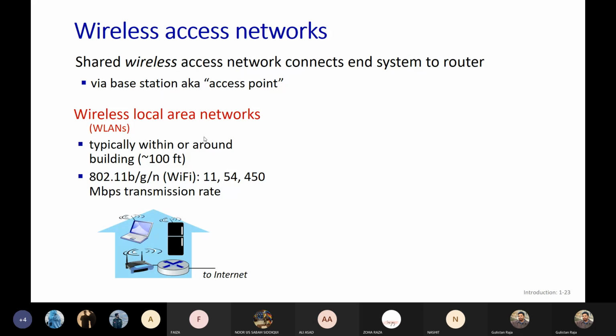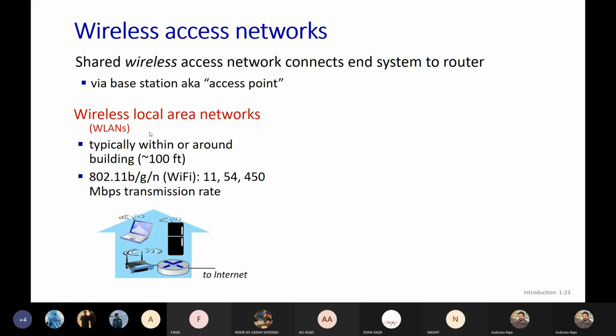If that network is wireless, we call it a wireless local area network, abbreviated as WLAN. Typically its range is about 100 feet within or around the building. And there are various standards for WLANs.